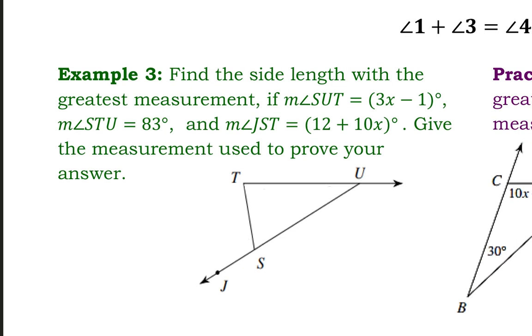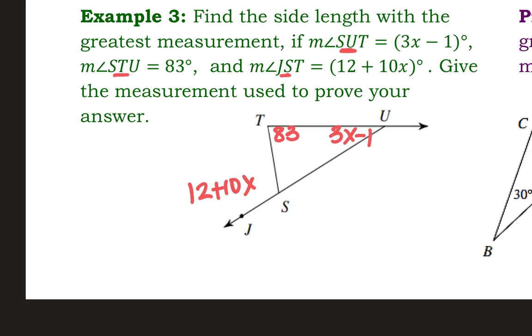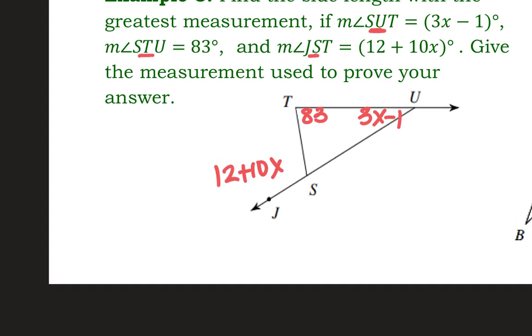Here I have 12 plus 10x. At the T I have 83, and I'm just looking at that middle letter. And then at the U, we have 3x minus 1. All right, so how do I set this up using that exterior angle theorem? Okay, 83 plus 3x minus 1 equals 12 plus 10x. All right, let me know what you get for x.